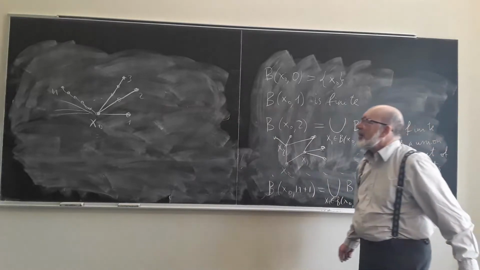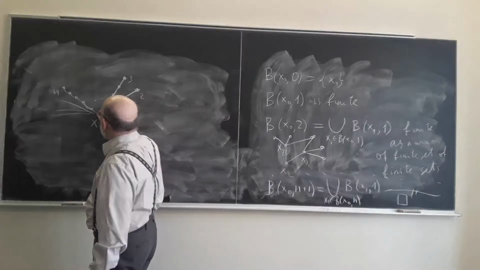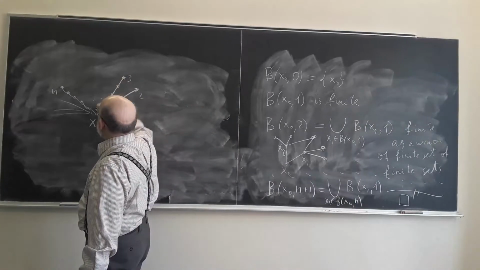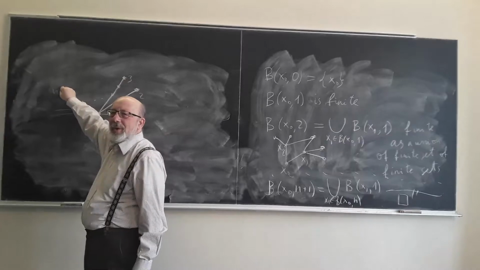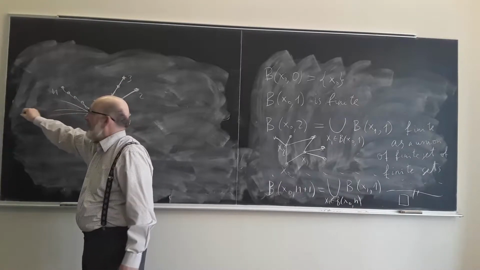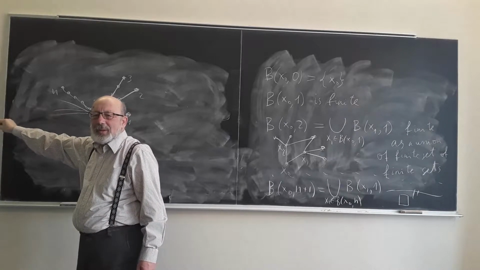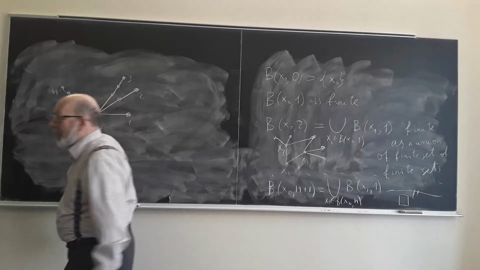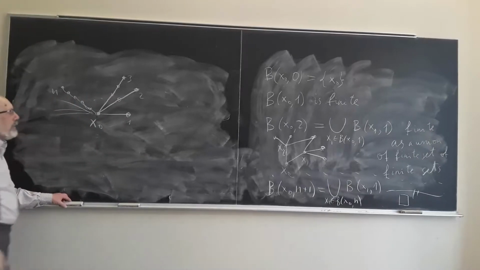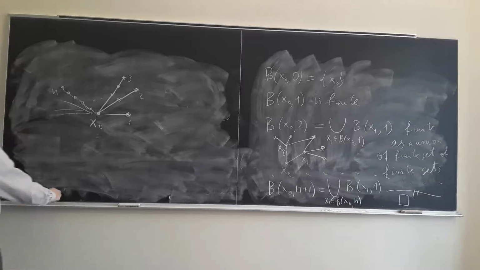And nonetheless, there is no infinite path, because if you go from x0, we cannot go infinitely far. Each of these directions ends somewhere at finite distance. Yeah? So this condition that the graph is locally finite is important.